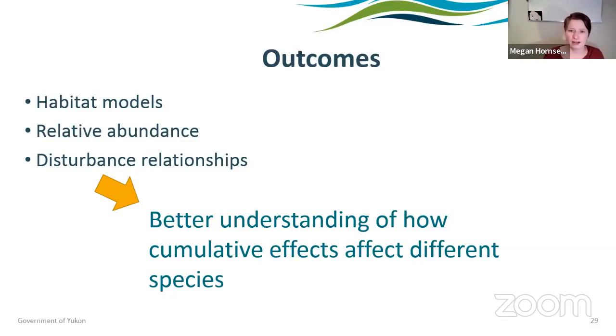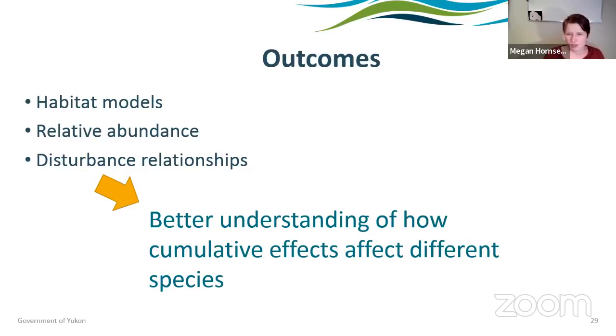And so that's why we have a disturbed site and an undisturbed site, so that we can use those two sites to look at the contrast of how animals are using the landscape in one versus the other. If we develop a model on where there's not very much disturbance, how does that change when we apply it to the other landscape? And then the other thing we can look at is relative abundance estimates.